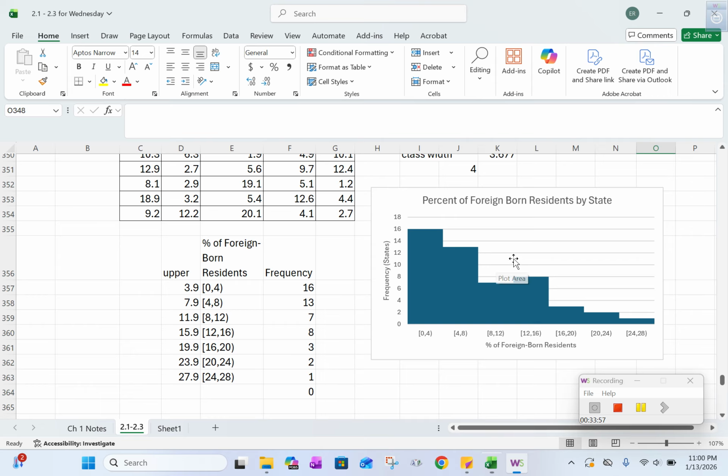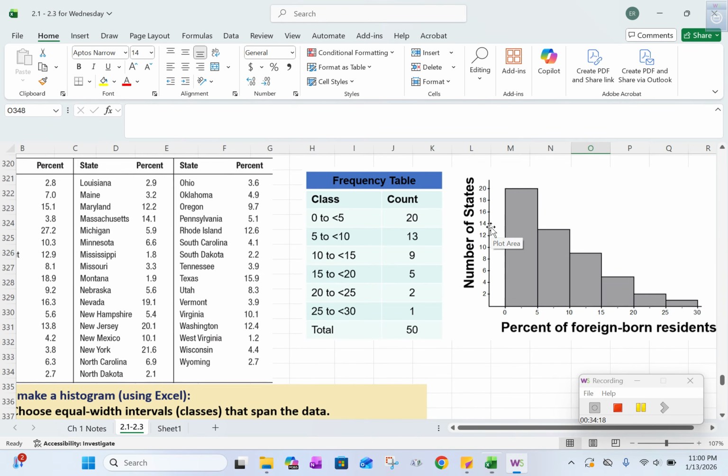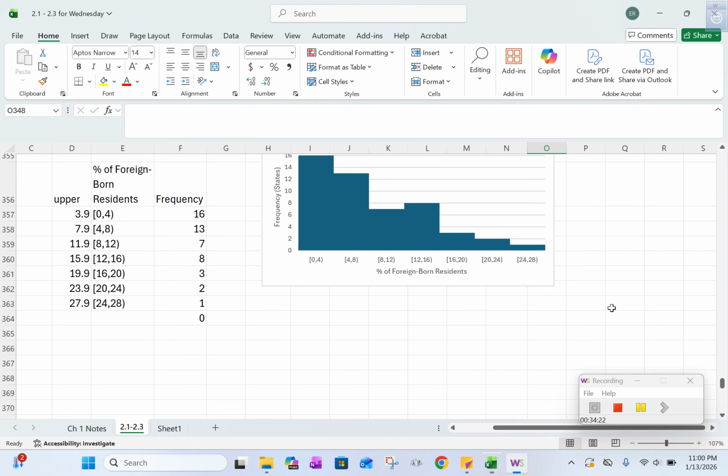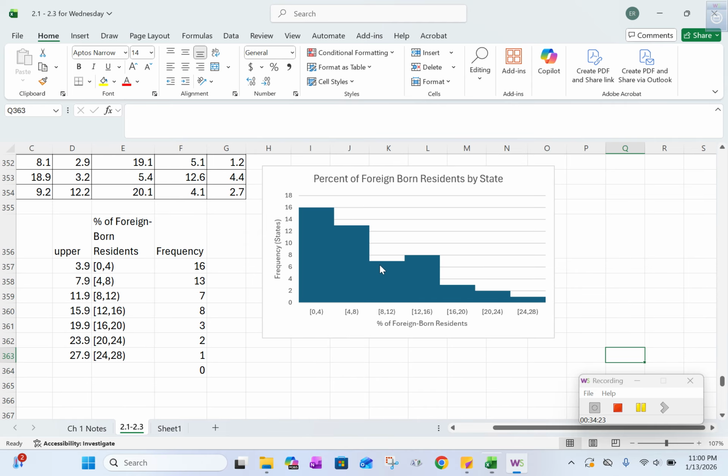We had this one example that we did by hand, and remember we changed the class width from 5 to 4. So our shape changed a little bit. We're still positively skewed, but it's a little bit more volatile in terms of what the bars are doing. Instead of going down every single time like this one was, it alternated a little bit. So it went down, down, way down, but then it went back up.